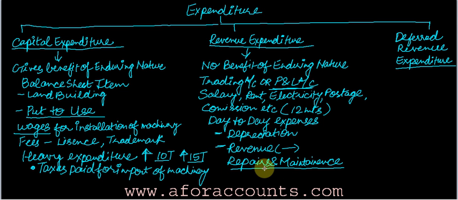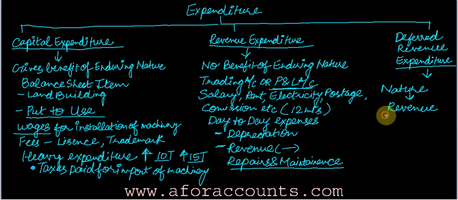Now let's talk about deferred revenue expenditure. Learn that the nature of such expenditure is revenue only. In most cases the revenue expenditures are small in amount, capital expenditures are large in amount.